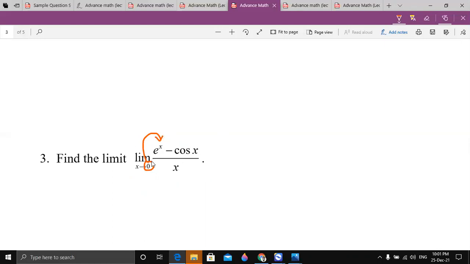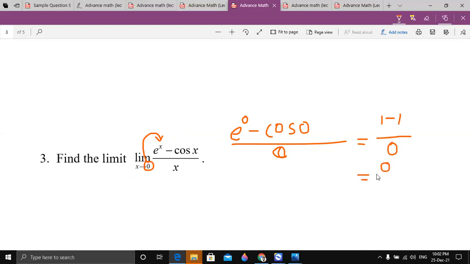If we just plug in x equal to 0, then we get e to the power 0 minus cos 0, divided by 0. e to the power 0 is 1, and cos 0 is also 1, and down here we have 0. So 1 minus 1 is 0, so we get something like 0 by 0. That's why we have to think another way.